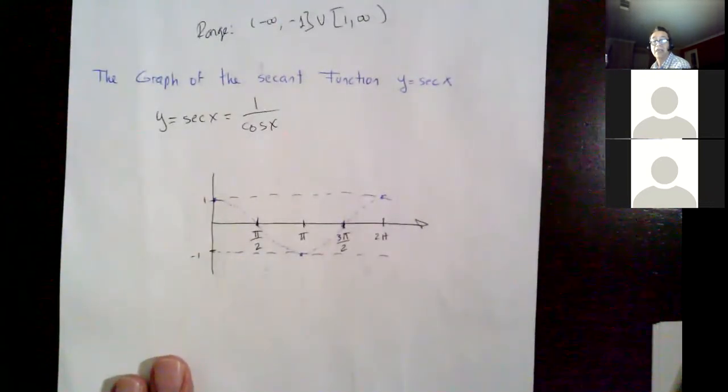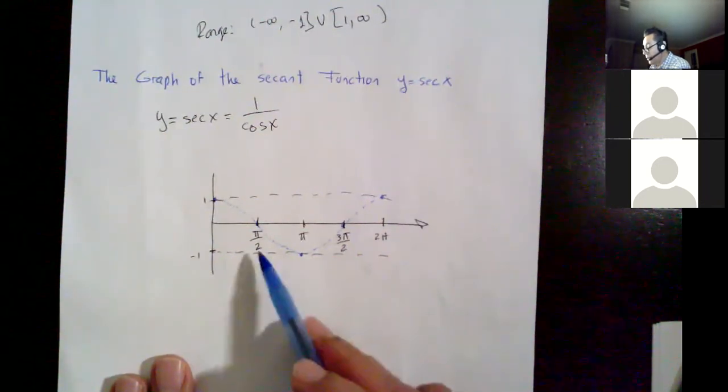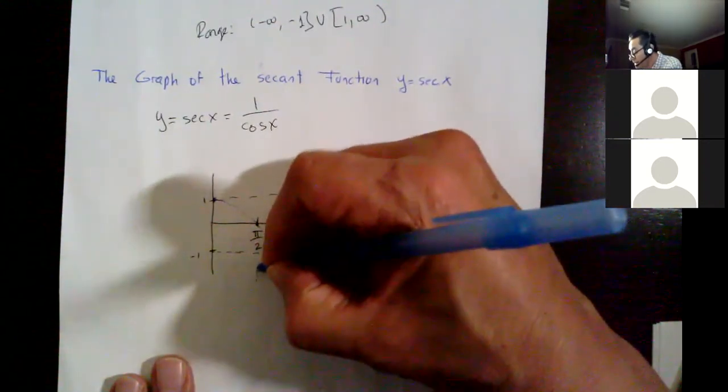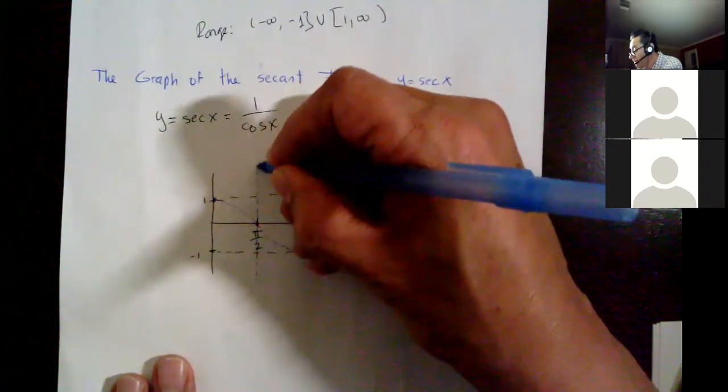Notice we know that the secant is not defined at odd multiples of pi over 2. So at pi over 2, we have a vertical asymptote. At 3 pi over 2, we have another vertical asymptote.